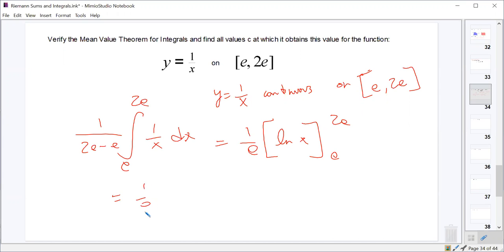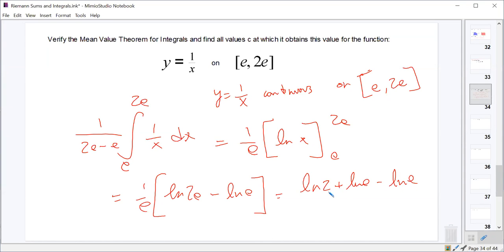So this becomes 1 over e times natural log 2e minus natural log e. And what's natural log of 2e? That's the same as natural log of 2 plus natural log of e. So we end up with an answer that is just natural log of 2 over e. And that is the average value.